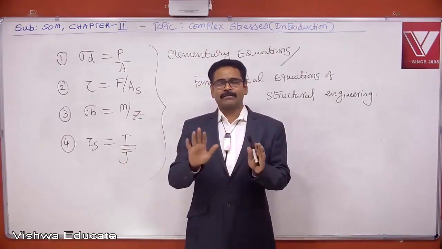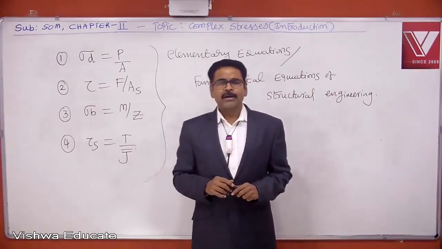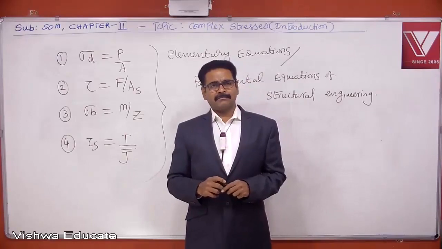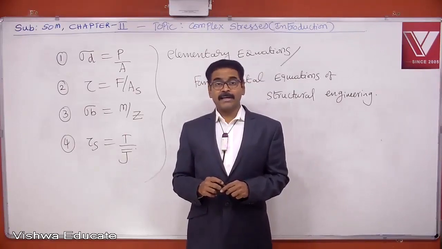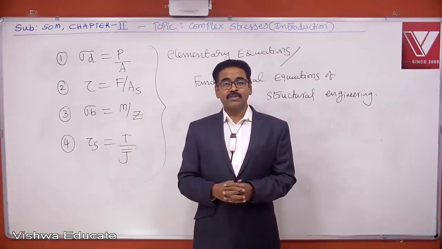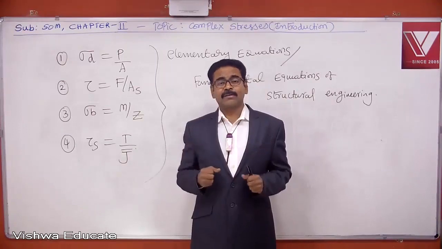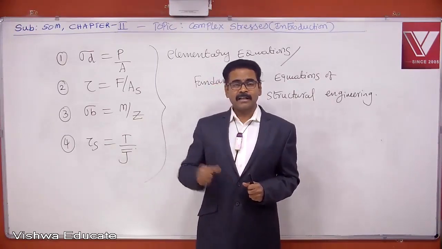Don't write, man. I will dictate everything, right? Don't write anything. Just listen. One plane is there. That plane carries highest normal stress. That plane is called major principal plane. Major principal plane is the plane which carries highest normal stress. Another plane is there.